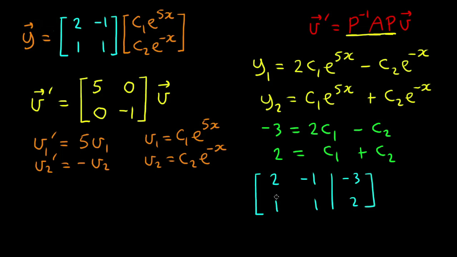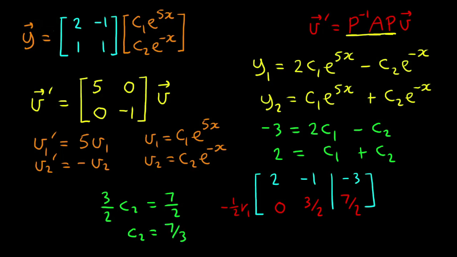So if we use Gaussian elimination, we have row 2 minus a half by row 1, which gives 0, and 1 plus a half is 3 on 2, and 2 plus 3 on 2, which is 4 on 2 plus 3 on 2, or 7 on 2. So that gives 3 on 2 by C2 is equal to 7 on 2. So C2 is 7 on 3. And we can substitute that into here.